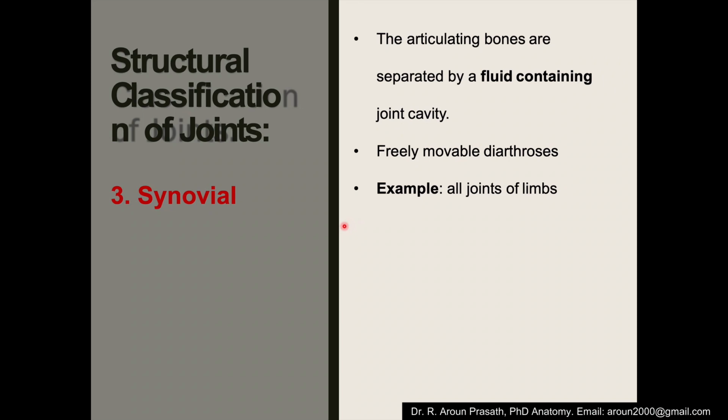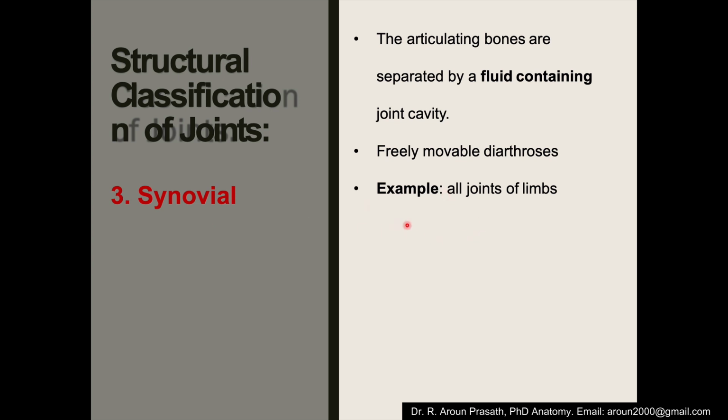Then the third variety is the synovial joints. If you see the synovial joint, there are certain characteristics for synovial joints. Okay, and free movement is allowed in this joint. Most of the joints in the body are synovial joints.